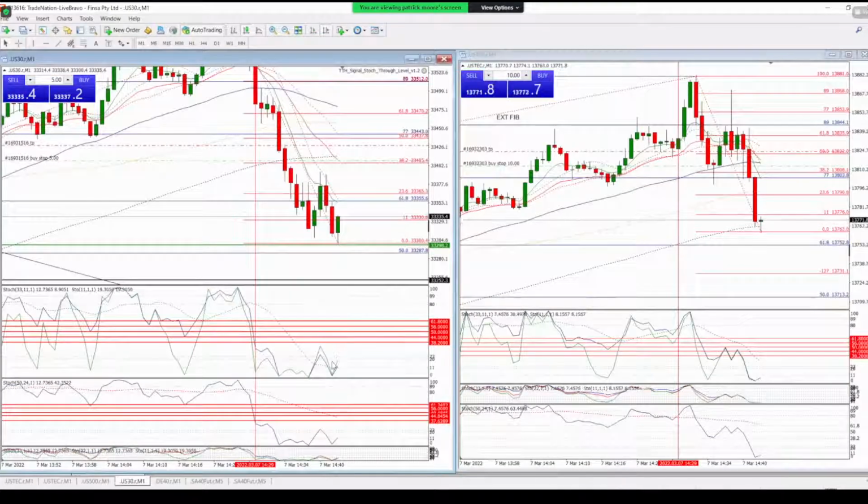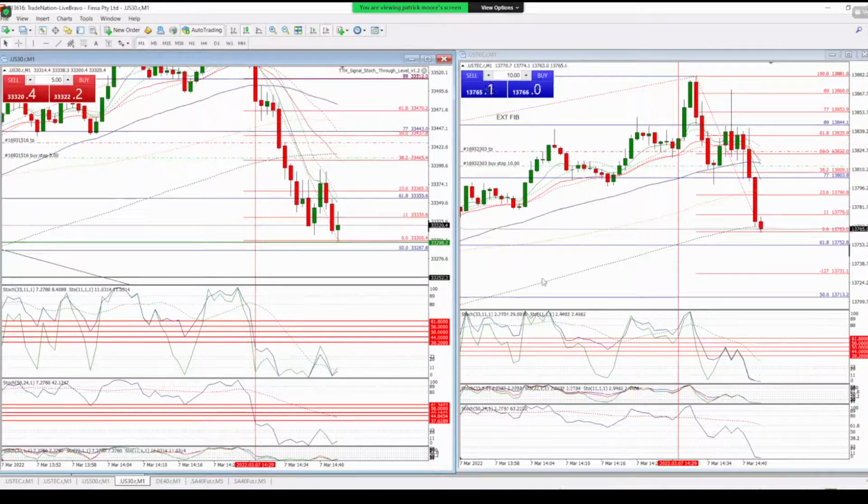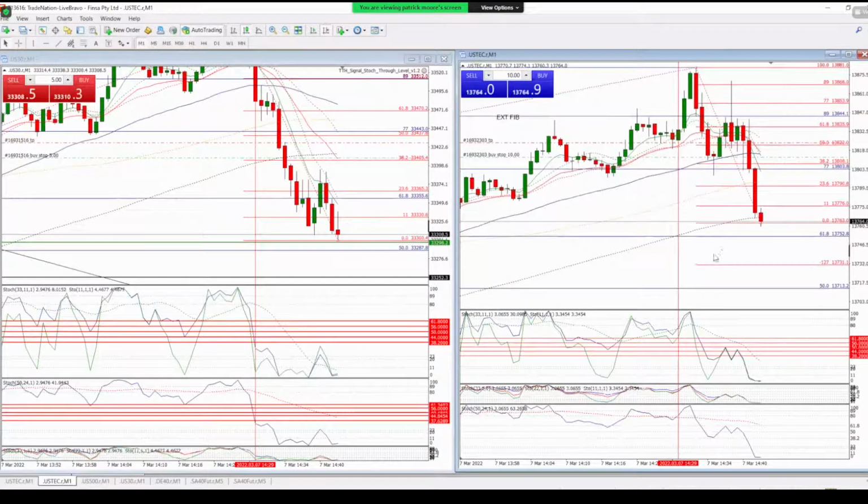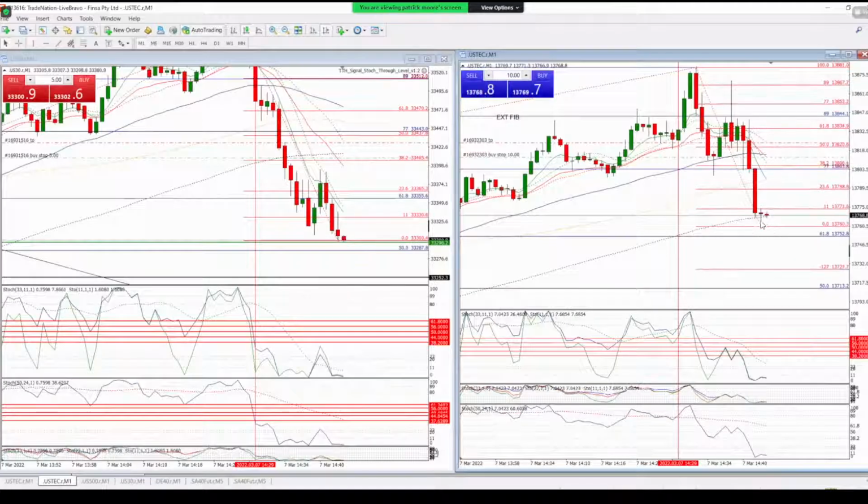Still watching the stochastic on 1 minute. Signal line is below 50. Blue stochastic up through 50 is a trigger long. And US tech qualifies as well now. If you can watch that, please, guys. 38 to 50 on US tech is now 14 points.